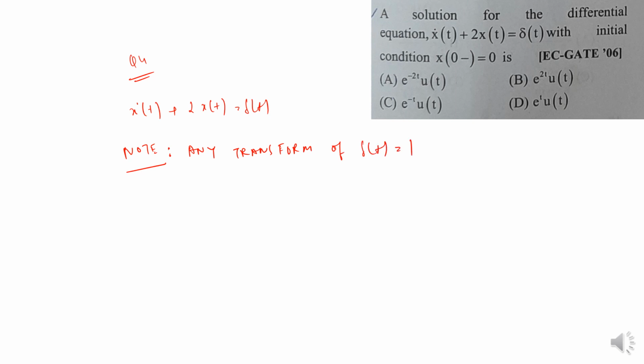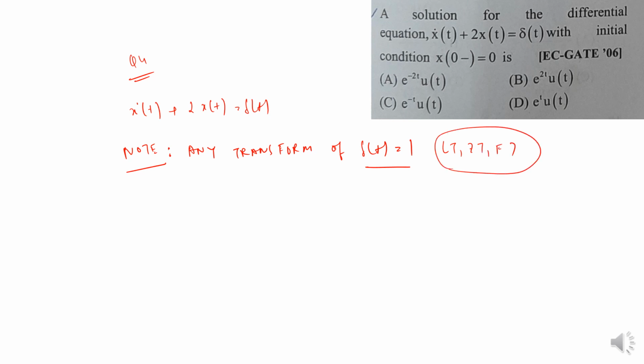Now question number 4. We have been given an equation x dot of t plus 2 into x of t is equal to delta of t. One very important note: the transform of delta of t is equal to 1, whether Laplace transform, Z transform or Fourier transform.